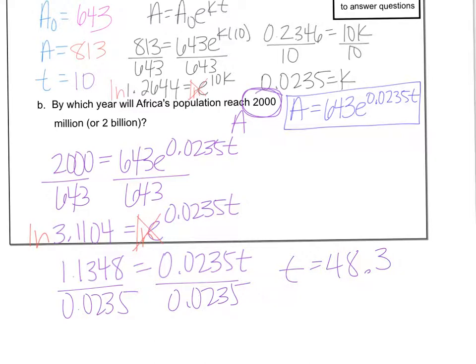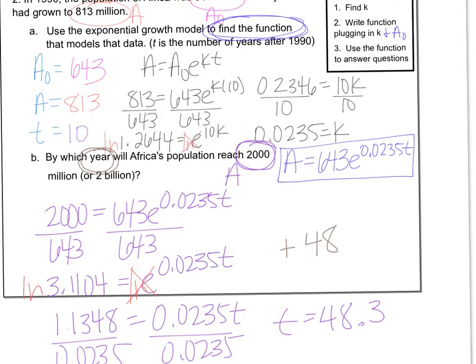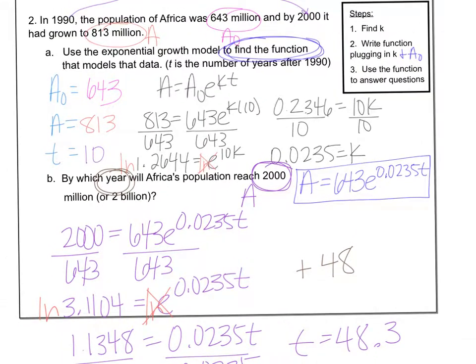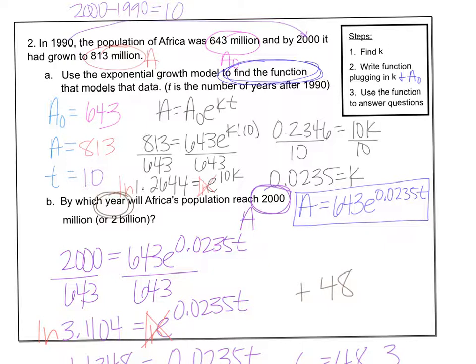But notice it said by what year? Is that the year? What are we going to do with 48? Add it to the original year, which was 1990. So you have to add that on. 2038.